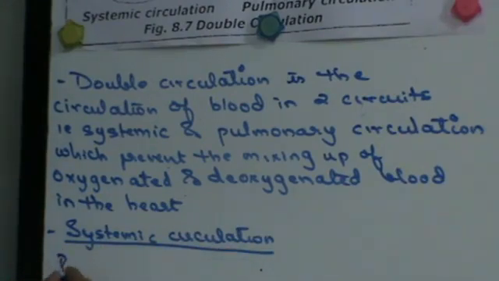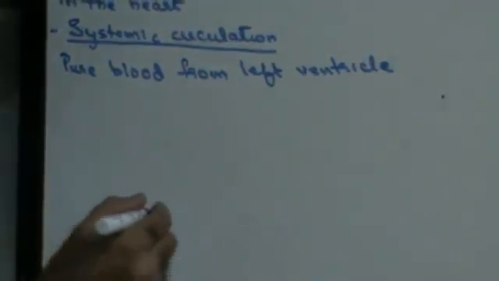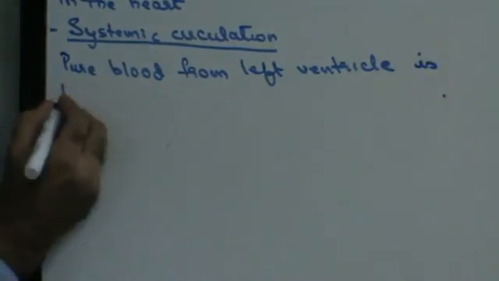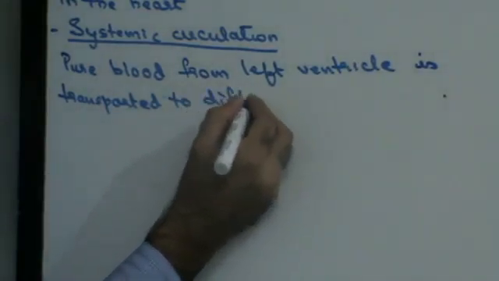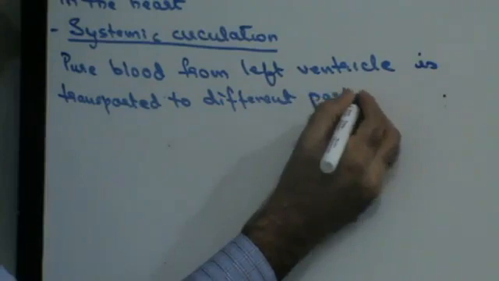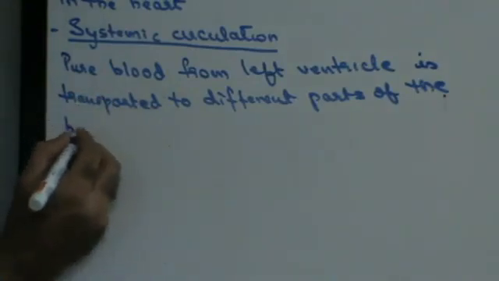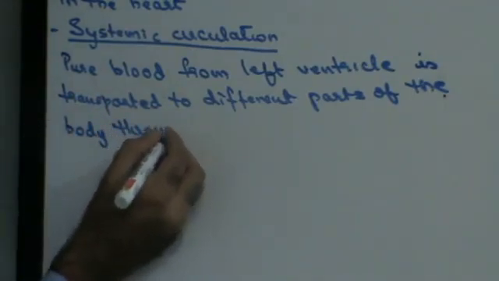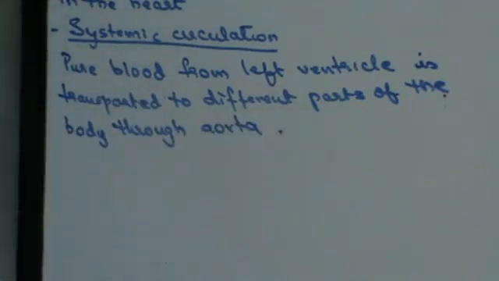Pure blood from the left ventricle is transported to different parts of the body through the aorta. So that's your pure blood from the left ventricle through the aorta going to the body.